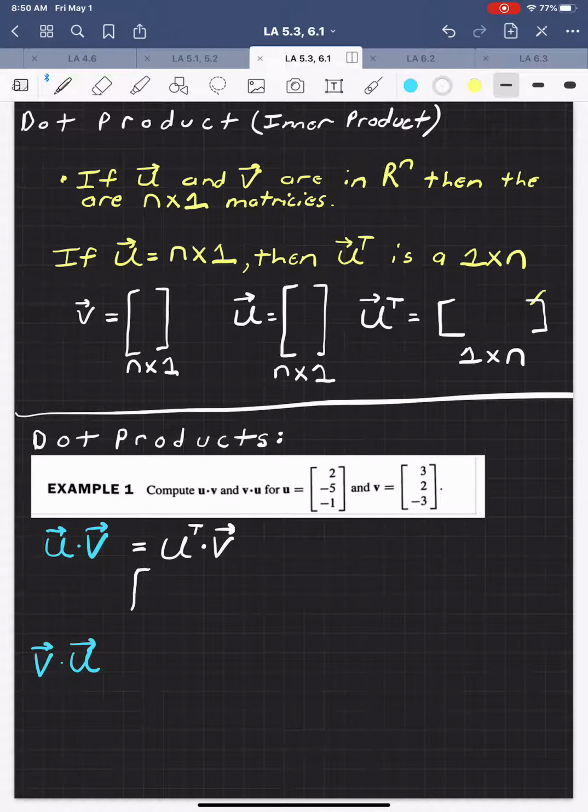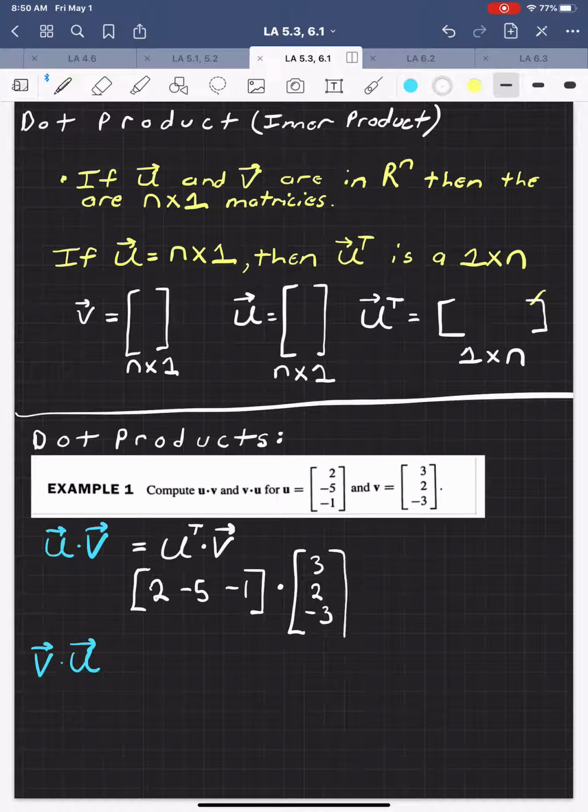Just remember that U only has one column, so that one column becomes the one row: 2, -5, -1. Now, we didn't do anything to V, so we're still going to leave that as 3, 2, -3. Now we have a 1 by 3 and a 3 by 1.